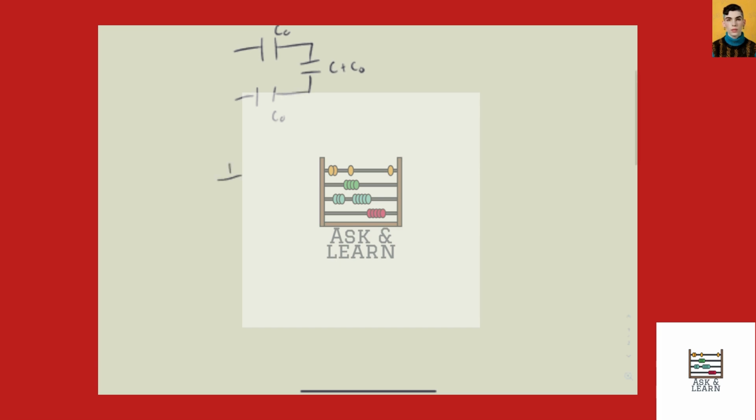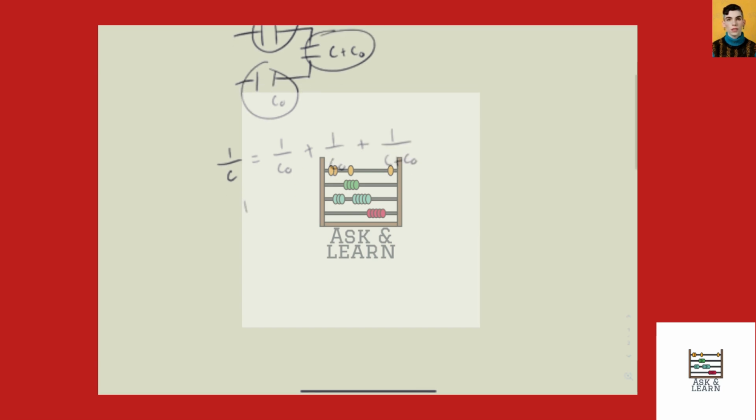So for the equivalent capacitance of C, we take the reciprocal of each, so 1 over C0 for the top one, and then 1 over C0 for the bottom one, and then the last one is just 1 over C plus C0. So this is 1 over C is 2 over C0 plus 1 over C plus C0.